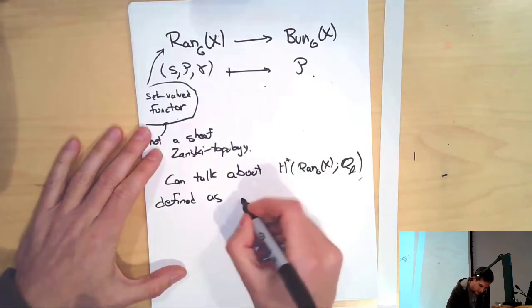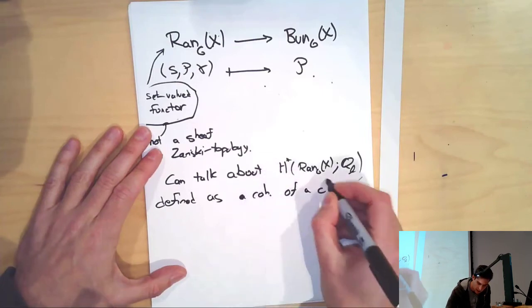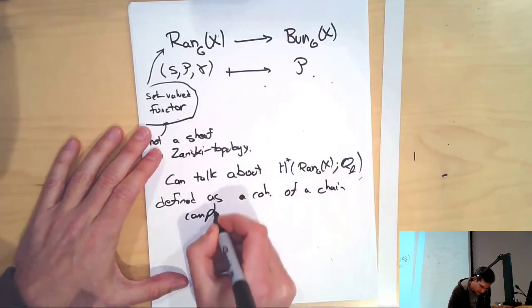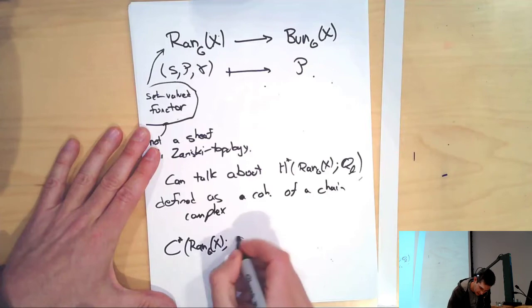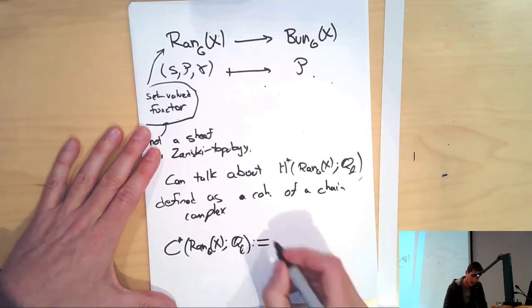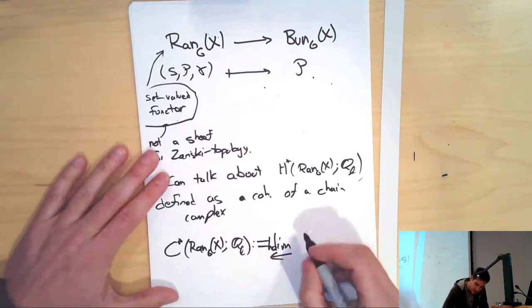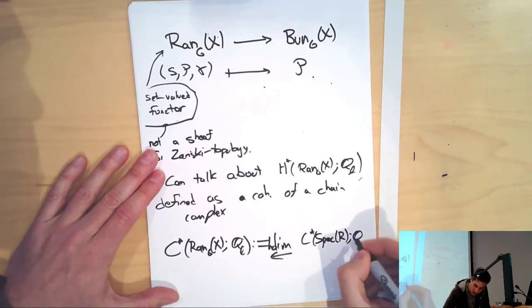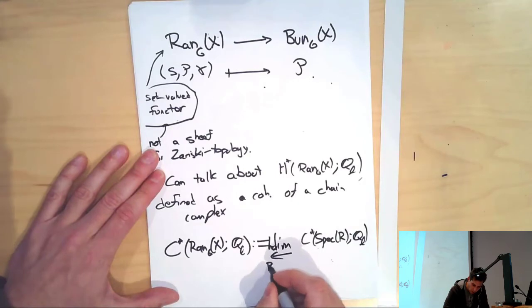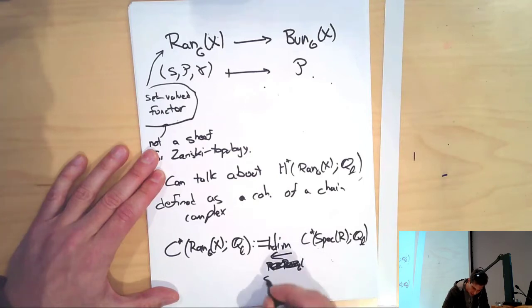So it's defined as the cohomology of a chain complex that I'll call the L-adic cochains on Ron GX, which in turn is a homotopy inverse limit, sometimes written as holim, of chain complexes that compute the L-adic cohomology of Spec R over all R-valued points. Well, let's say over all maps from Spec R into this Ron GX.